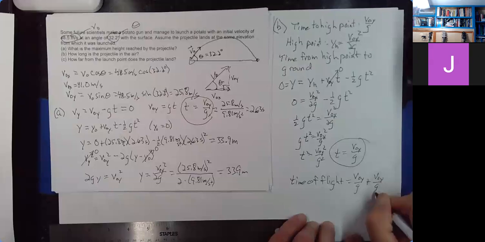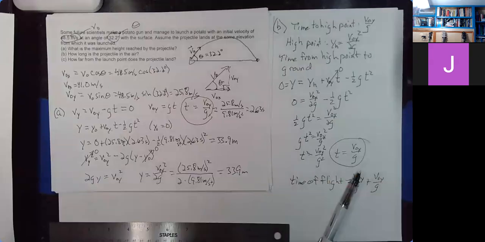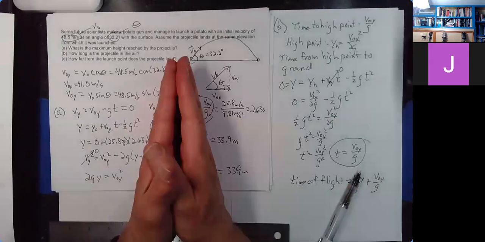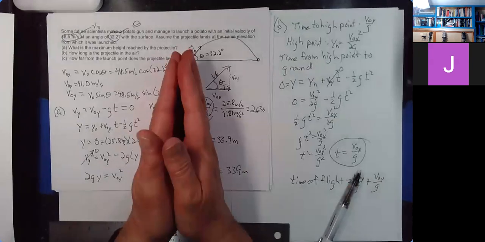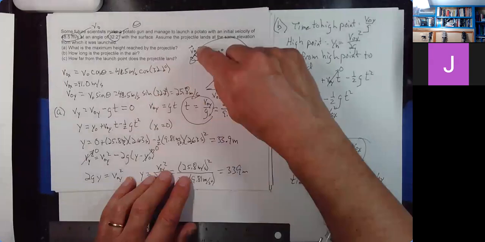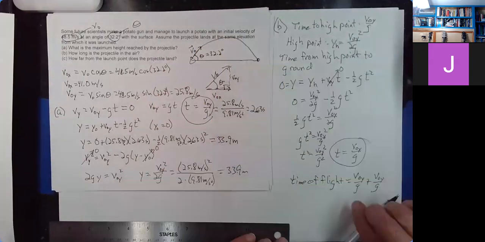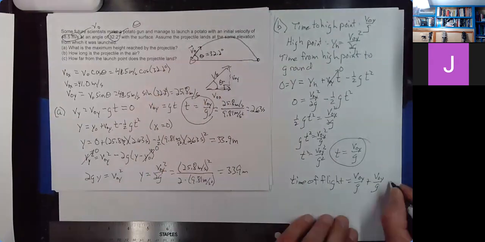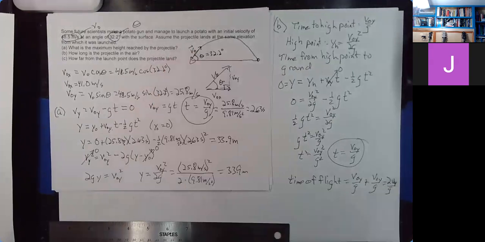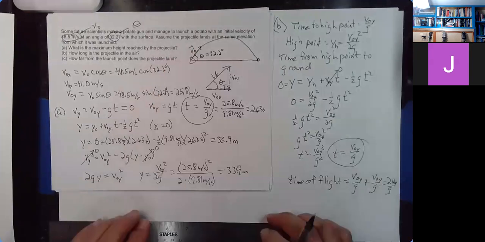There's a symmetry to the motion. When you don't have air resistance and you begin and end at the same height, it spends exactly as much time on the way up as it does on the way down. And so the time of flight ends up being 2 v naught y over g. So that's nice to know, but that only works when it begins and ends at the same height. So you have to be a little careful there.